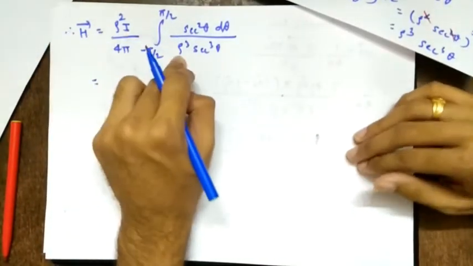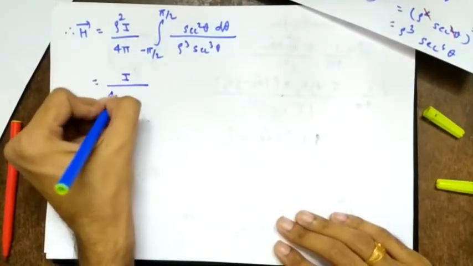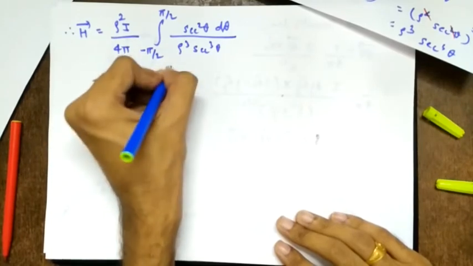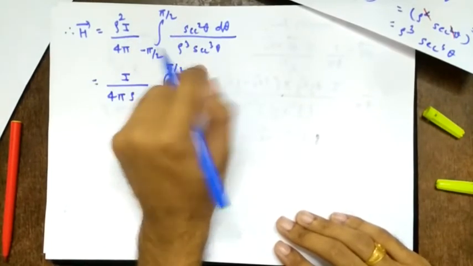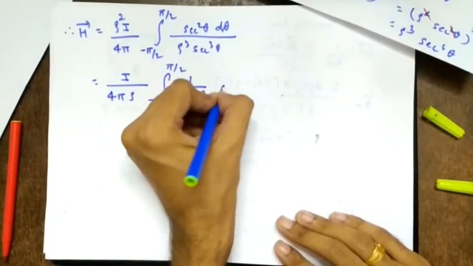This rho square gets cancelled with this rho cube, so we get 1 upon rho. So I upon 4 pi rho, integral from minus pi by 2 to pi by 2, 1 upon secant theta d theta.